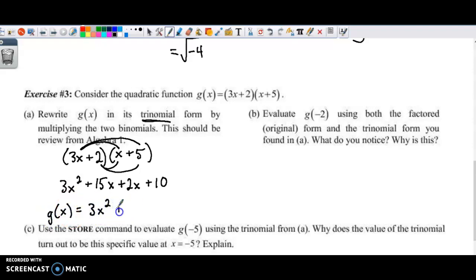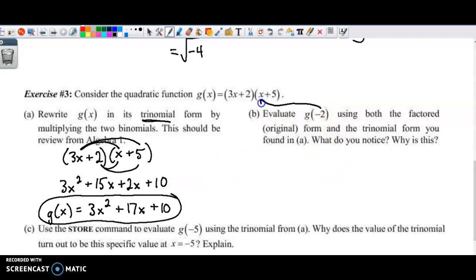Because you can combine like terms, that's what makes it a trinomial, is you have 3 terms when you combine it all together. So what they want you to do in part B is to evaluate g of negative 2 using the original problem, and to also evaluate with this trinomial. So we're going to plug in negative 2 here, here, and then down here with those values.